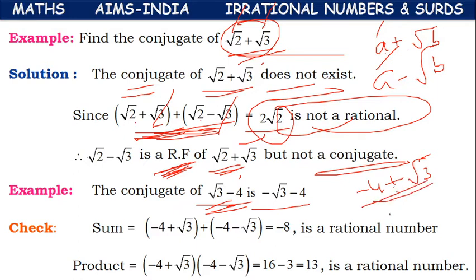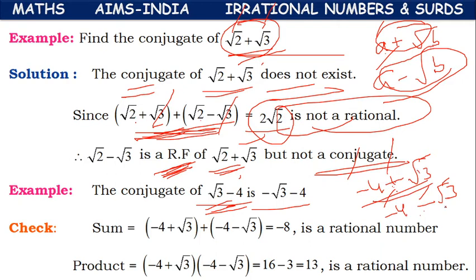Just the symbol will change. Minus 4 minus root 3. For a plus root b, a minus root b is the conjugate. Only the middle symbol will change. Minus 4 we take as it is. Plus will become minus. Root 3 we take as it is. So minus 4 plus root 3, minus 4 minus root 3.